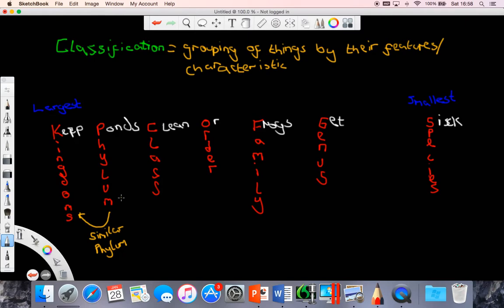For example, chordata are a phylum of organisms that have a backbone. Okay, so all of the phylum chordata are found in the same kingdom. And likewise, in the same class, in a phylum, they have a similar class.